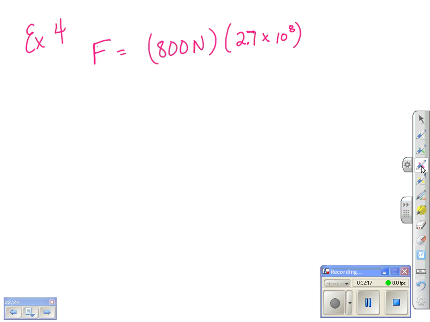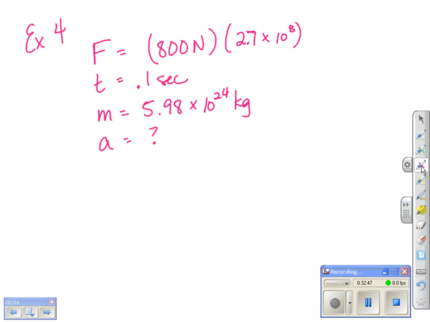That's our actual force. We know that the time involved is 0.1 seconds, and we know the mass of the Earth is 5.98 times 10 to the 24th kilograms. If that's the case, we could find acceleration and see if it's going to do anything to the acceleration of the Earth.